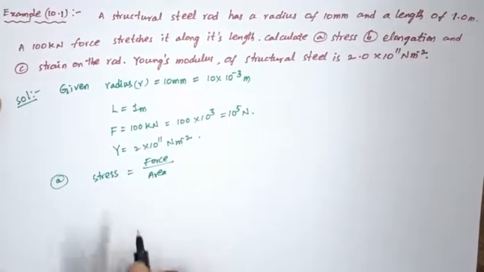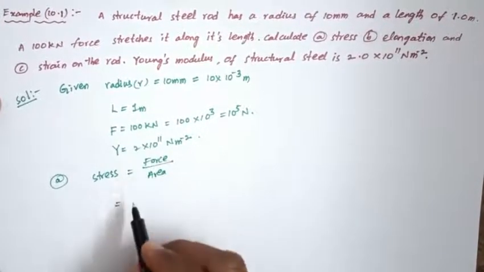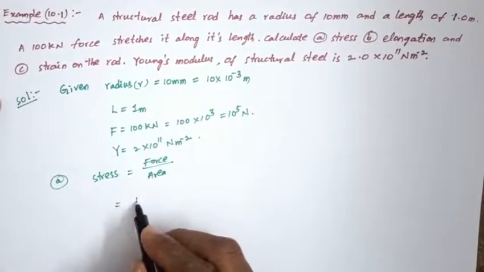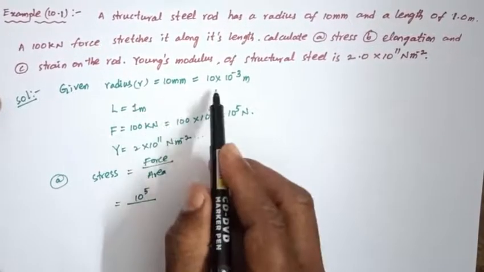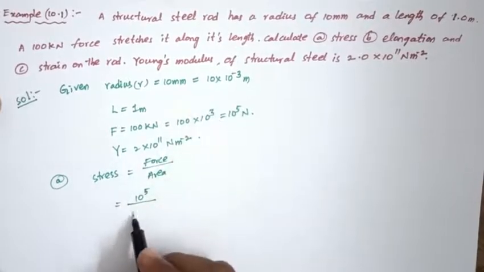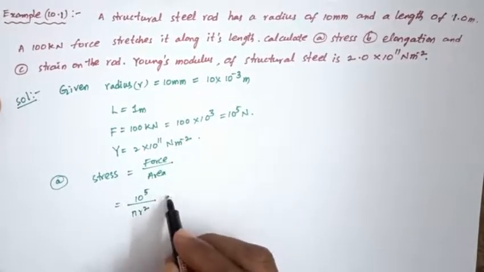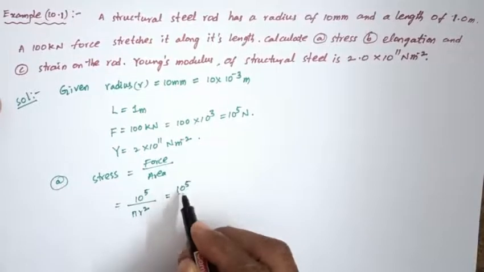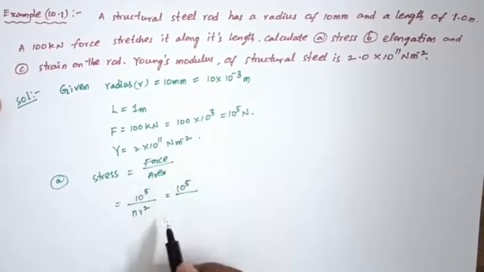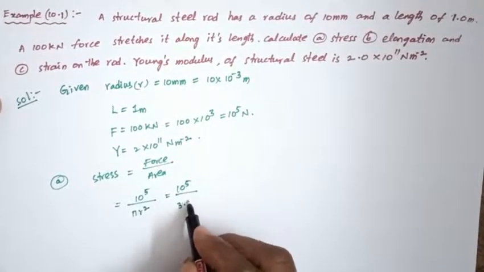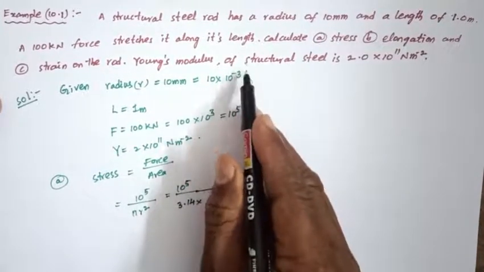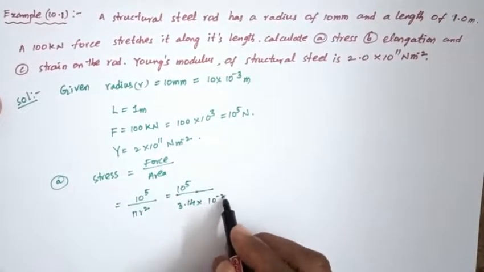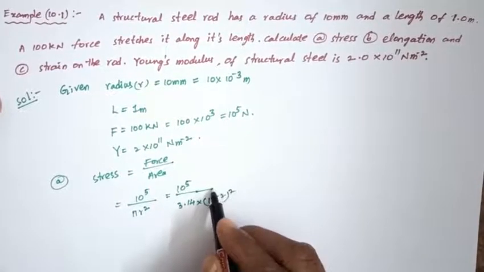Here, what is the force? Force F equals 10 power 5, divided by the area. What is the area? Area equals pi r square. So 10 power 5 divided by pi equals 3.14 into r equals 10 into 10 to the power minus 3, that is 10 power minus 2, whole square.